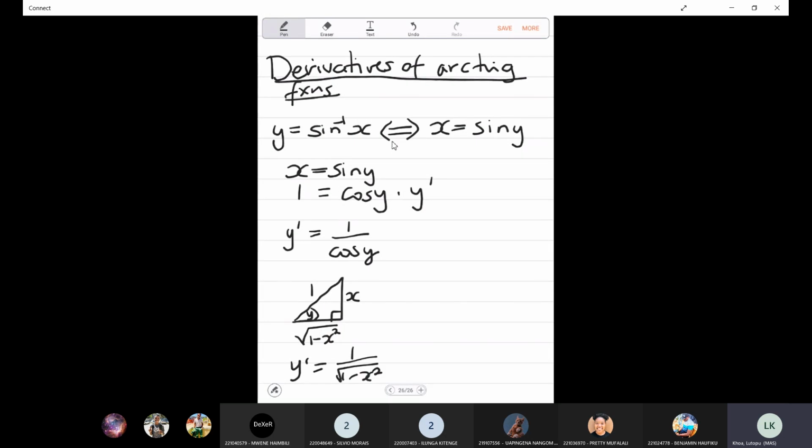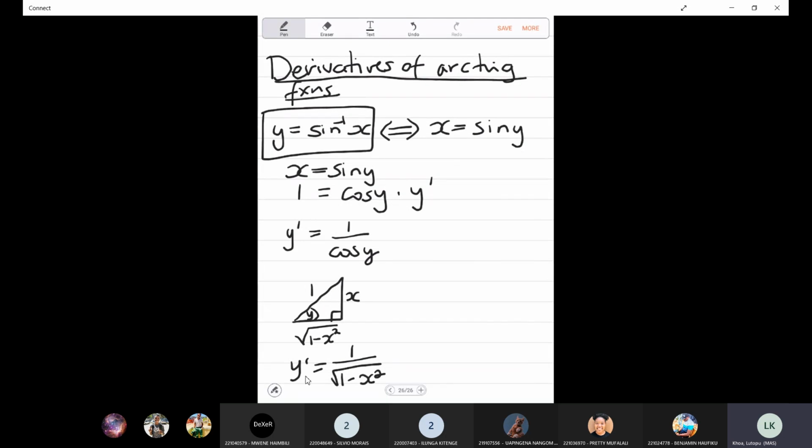So the function that we started with was y is equal to sine inverse of x. When we differentiate that, y prime of this function here is 1 over the square root of 1 minus x squared.